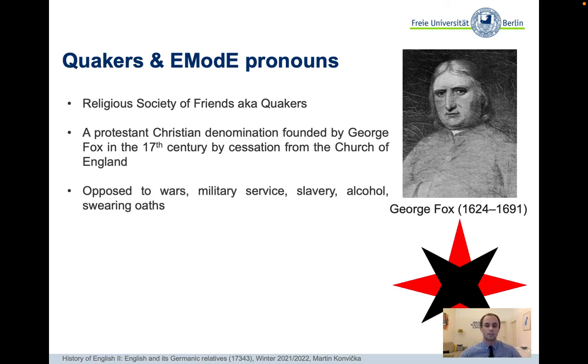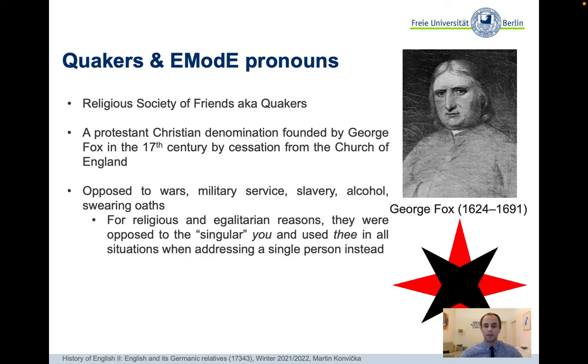He was, among other things, opposed to wars, military service, slavery, alcohol, swearing, oaths, and so forth. But he also said that for religious and egalitarian reasons, the use of singular you, right, so the use of you for single persons, is something that should not be used. And that if you talk to a single person, you should use thee. If you talk to more than one person, you should use you.